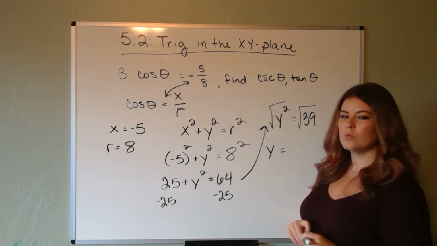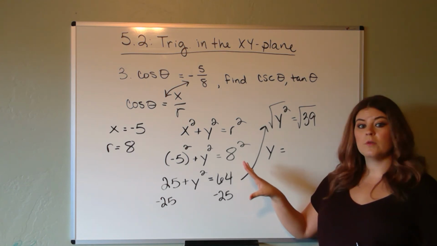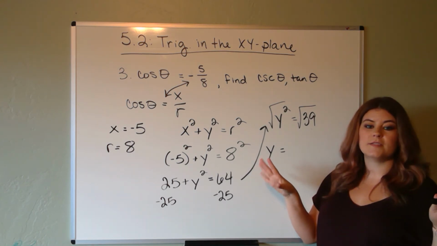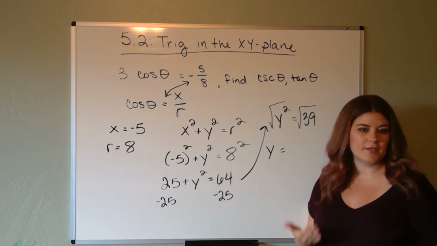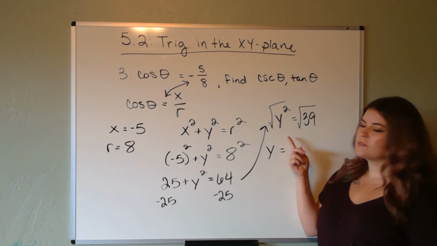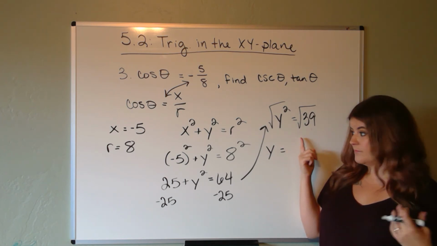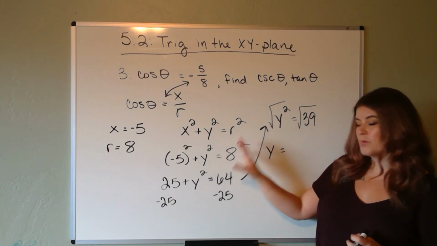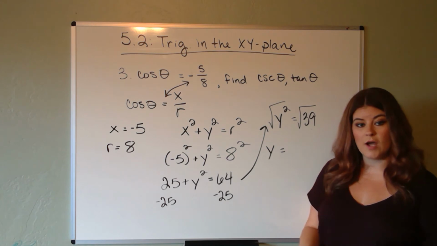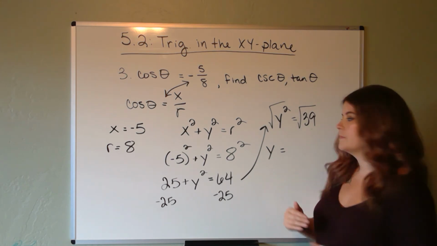You guys, there's no rule about y being always positive, right? I have that rule about r. R is always positive, so when I'm square rooting and finding r, I don't have to worry about the negative square root. But didn't I find that there's sometimes where y is negative? Definitely a possibility. So when you're using the Pythagorean theorem to find either x or y, you have to consider the plus or minus square root.